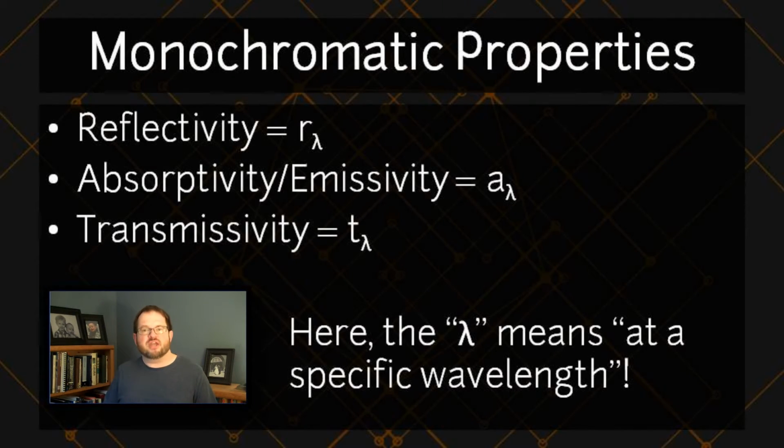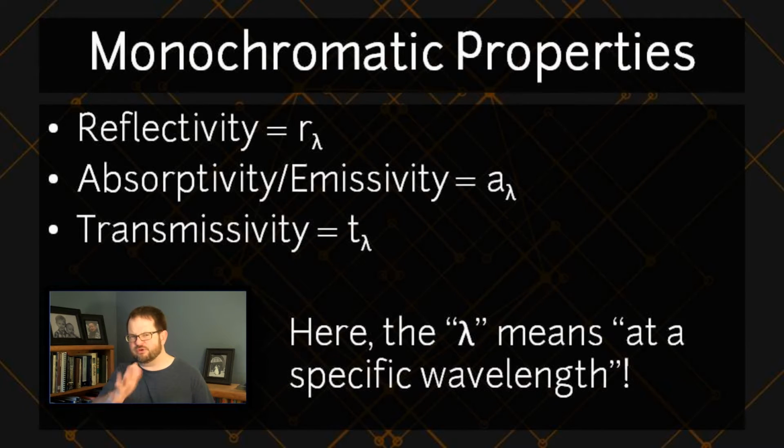And if we're talking about 0.9 microns, it also has a monochromatic absorptivity. How good is this object at absorbing radiation that has a wavelength of 0.9 microns? Or how good is it at transmitting radiation that has a wavelength of 0.9 microns? This is going to be really important for climate change because the greenhouse gases that are probably responsible for the climate change that we're seeing have very complicated absorptivities and transmissivities.